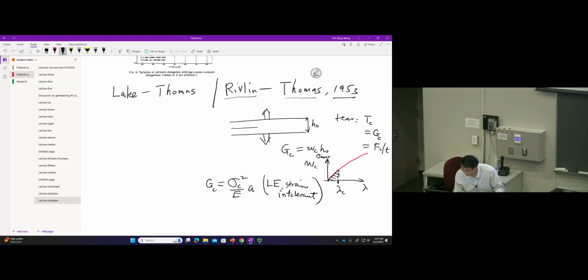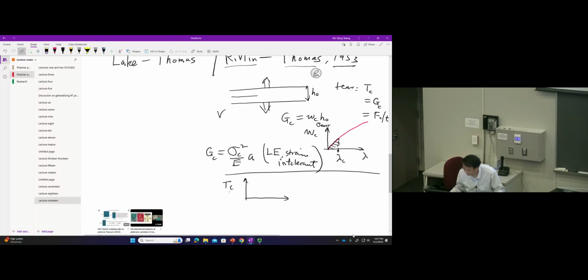And I must remark, even though this was proposed, most of the time people do tear, as I tried to show you in some of the literature figures that basically plot something like this. And in recent work, we don't like the tear because you cannot see what happens at the crack tip.